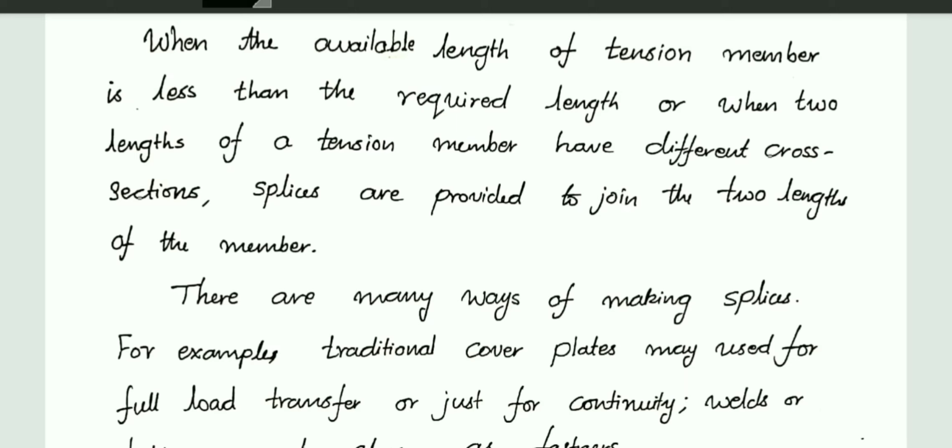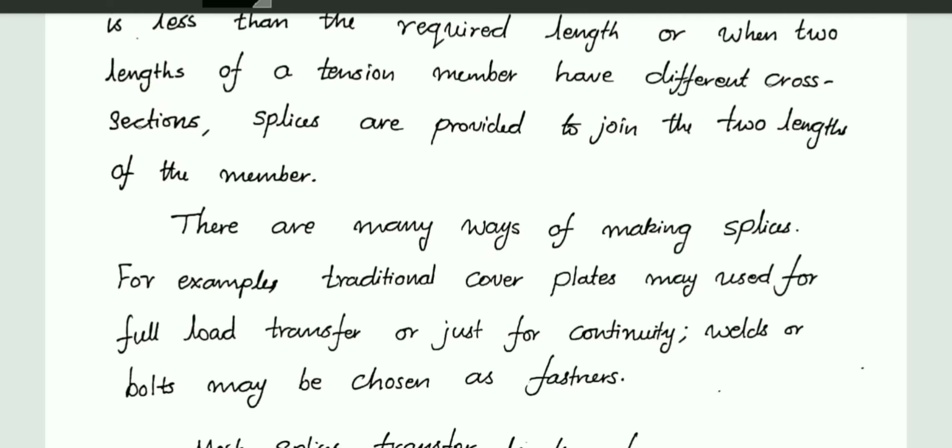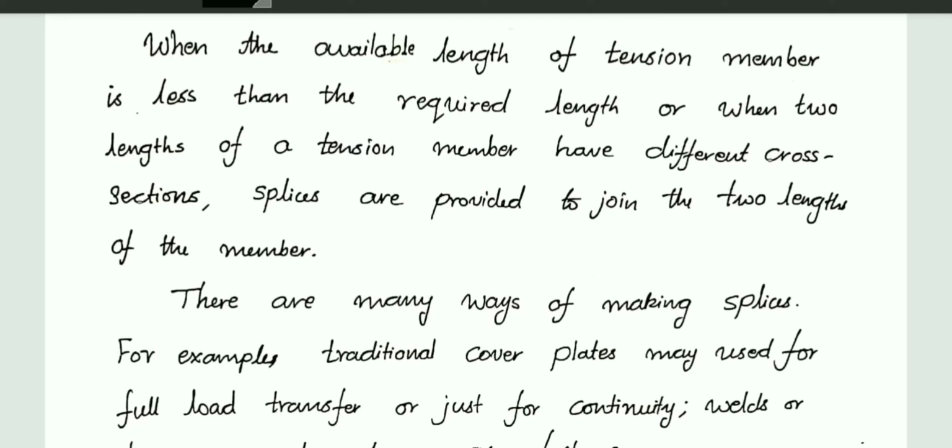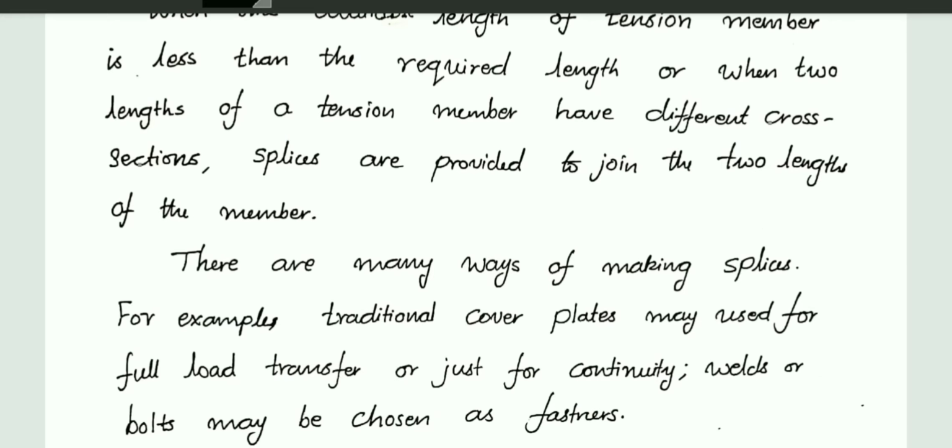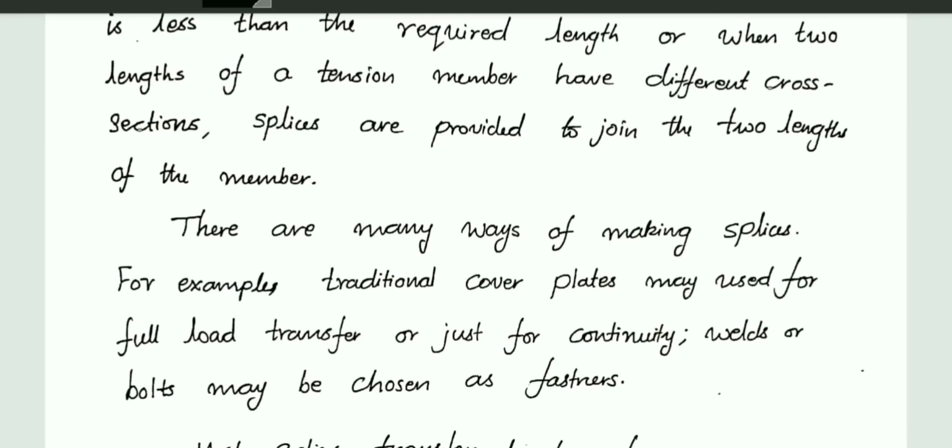In that case, you connect those two members by using one packing plate, and you'll use a cover plate. So this will act as a splice. The load will be transferred by those splices to the members.